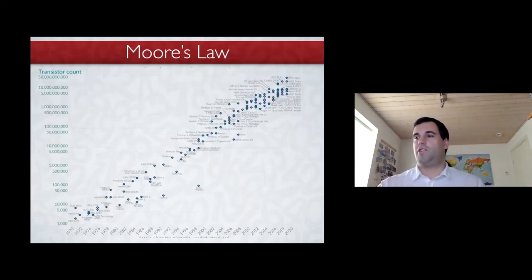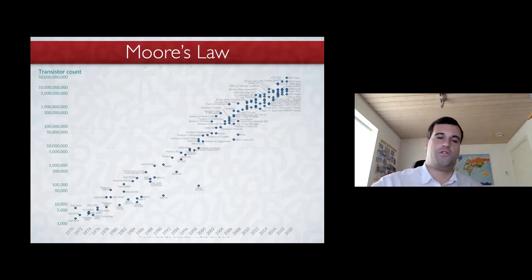If you look at how this actually went, here's a timeline from 1970 to 2020 with the processors that were available and how many transistors they use. This is a logarithmic scale, so doubling would be a straight line.